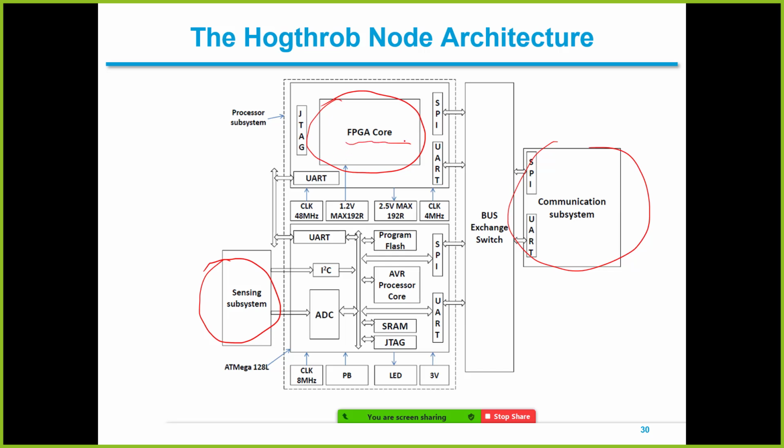So we learned the four kinds of processor systems for various sensor nodes: microcontroller, DSP, FPGA, and ASIC. And in this example, this sensor node uses an FPGA as the processor subsystem.